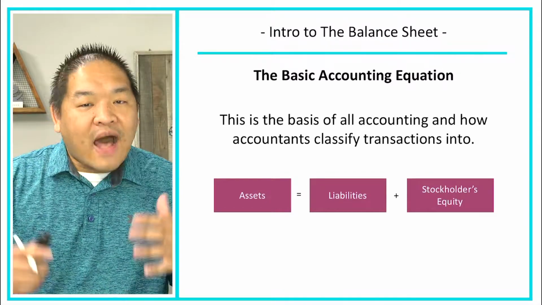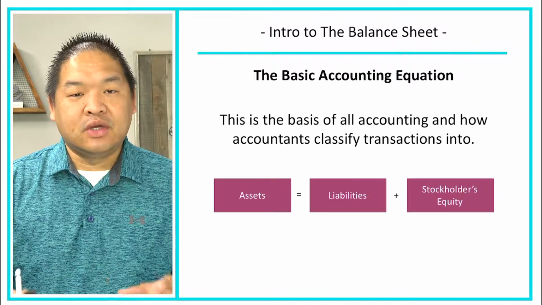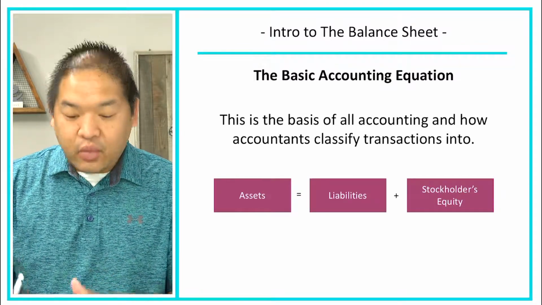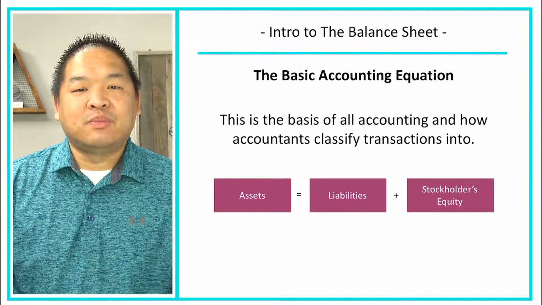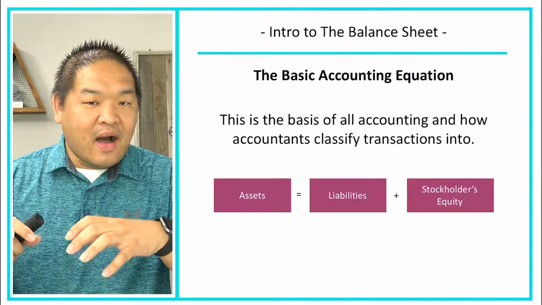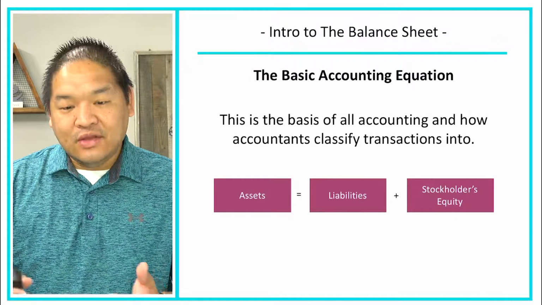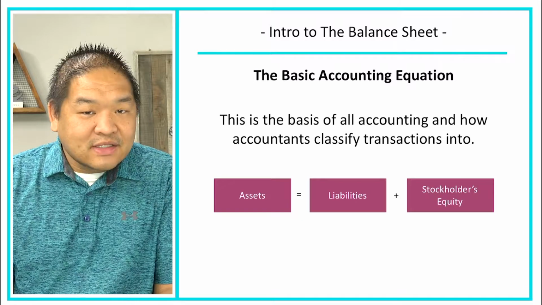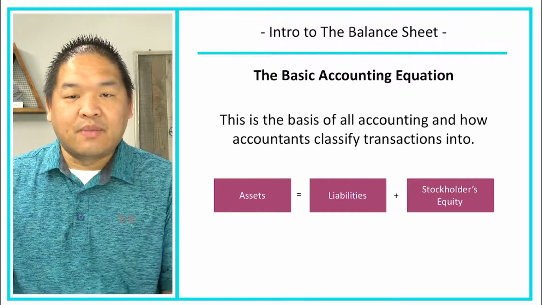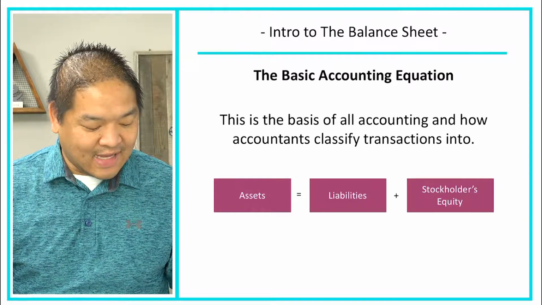So that's the equation that the balance sheet is based on. We've got to know this equation, and we know that the balance sheet must balance. Why should it balance? Well, if this equation is a hallmark of the balance sheet, then this equation would balance in normal circumstances, which means our balance sheet statement should also balance as well.